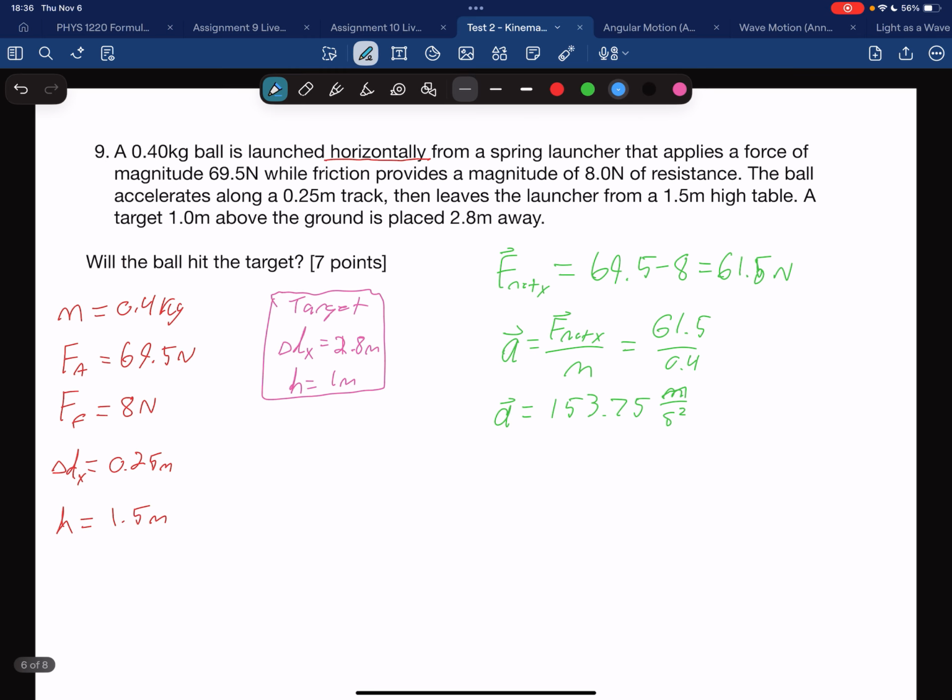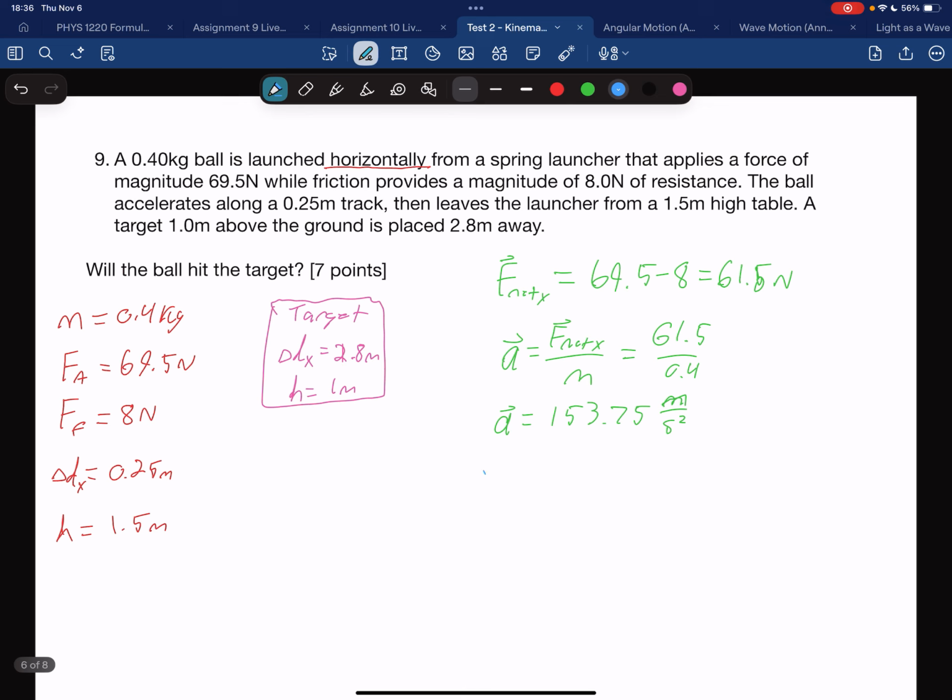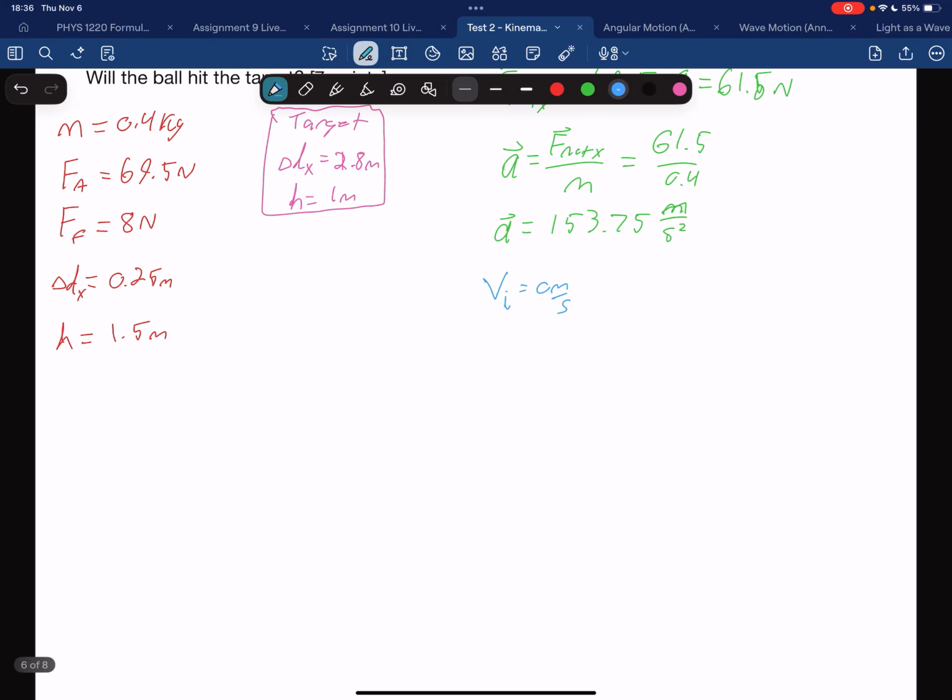Let's assume that the initial velocity equals 0 meters per second. Let's assume that this is launched from rest. So final velocity, the launch velocity, is going to be equal to the square root of vi squared plus 2a delta d. Our initial velocity, that's 0, so we can cancel that out.